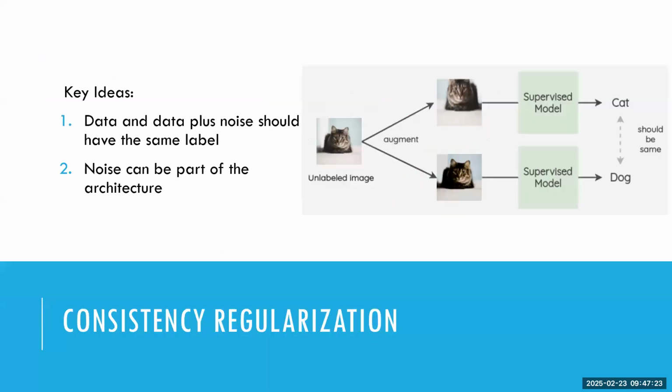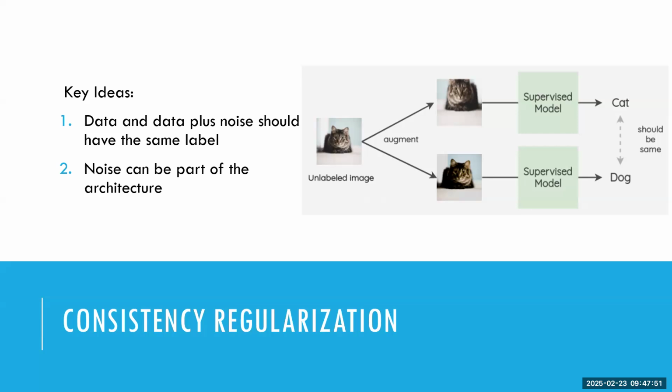The next paradigm is consistency regularization. So the key idea is actually from the first assumption that data points that are close to each other tend to have the same label. But here, the data and the data plus noise should have the same label.